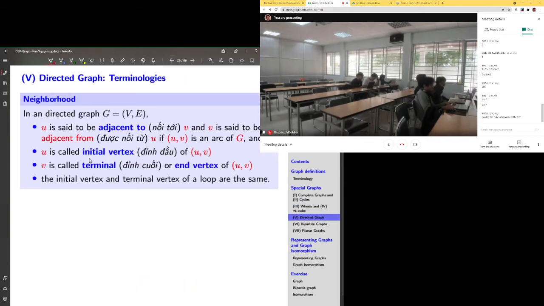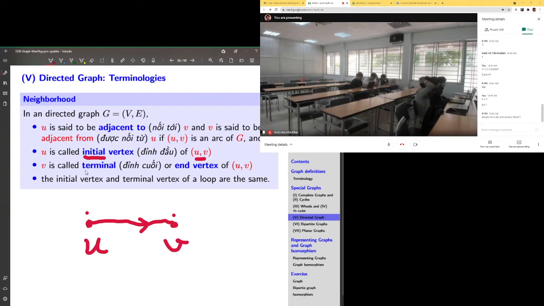We discussed this before when we talked about the undirected graph, so I just remind you very quickly. You have two vertices U and V, so the connection from U to V, like this one for the undirected. This is an endpoint, this is also an endpoint. But if you have the directed, you have to put an arrow like this one, and in this case we call U the initial of the connection.